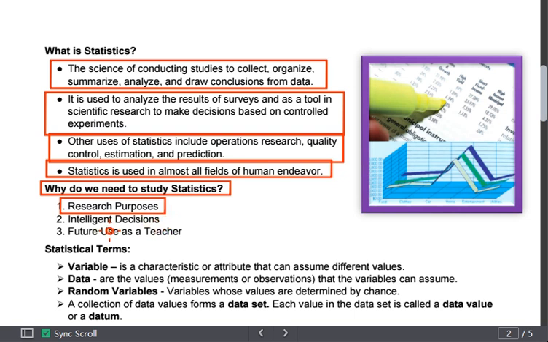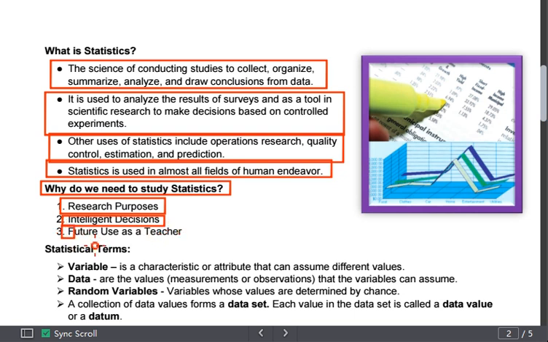And second one, intelligent decisions. So, when we say intelligent decisions, kagaya ng sabi ko kanina, using statistics, makakagawa ka ng smart decisions. Bakit po? Kasi you are guided with the results of the experiments or surveys na ginawa mo. So, meron kang pagbabasihan or reference na gagamitin to justify the result of your studies.